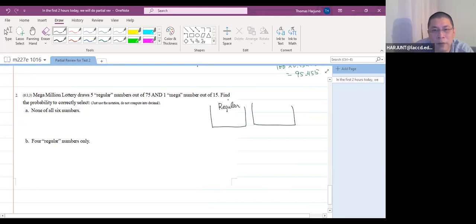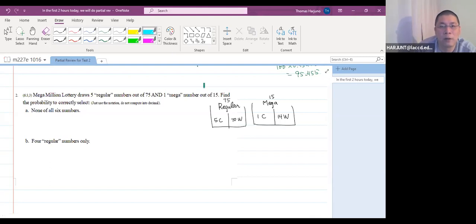There are 75 regular numbers. 5 of them are correct, therefore the other 70 are wrong. And then from another box called the Mega box, the mega number, there are 15 numbers there. You need to select one of them, so only one of them is correct, and the other 14 are wrong.